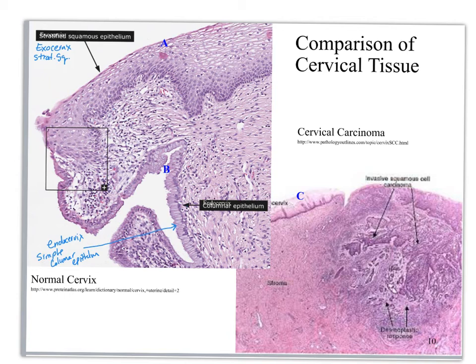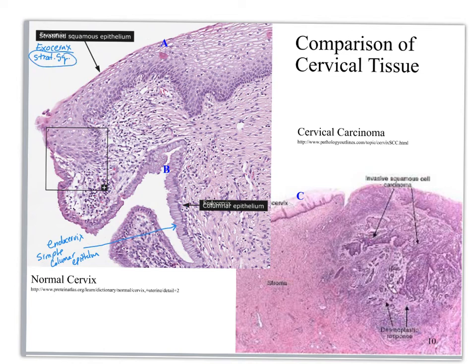All right, now that you've said that, what is the shape of the apical cells right here? Because remember, the shape of the apical cell determines what type of epithelium it is. All right, so hopefully you're noticing that these are thin and flat. So this tissue is stratified squamous, okay?